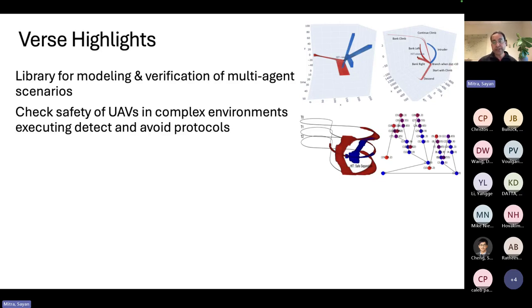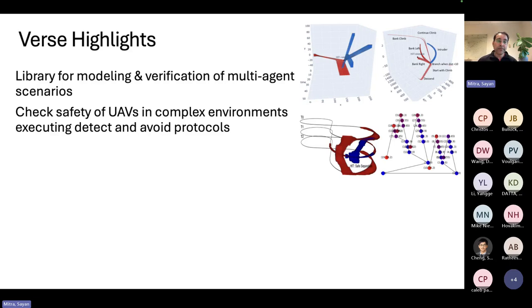And on top of that, we are interested in verification, not just simulation. And what I mean by that is if you have some uncertainty in the system, for example, the uncertainty may come from the lack of knowledge about the precise initial conditions of the agents or the precise dynamics of the agents. And maybe even the decision-making process might have some uncertainty, like it can choose to do a left turn or a right turn sometimes.